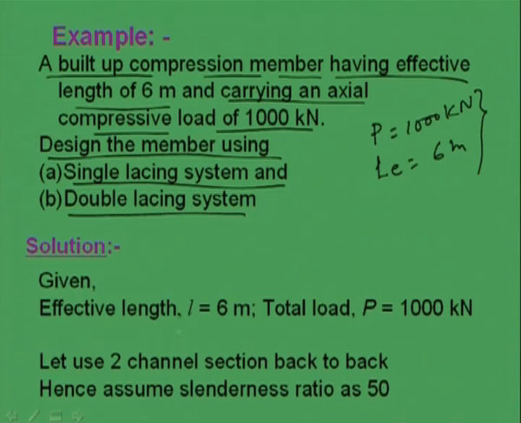So, effective length and total load are given, and now it is the choice of the design engineer what type of section he is going to adopt, whether channel section or angle section or I section. It is up to him, and of course up to the availability of the section in the market.